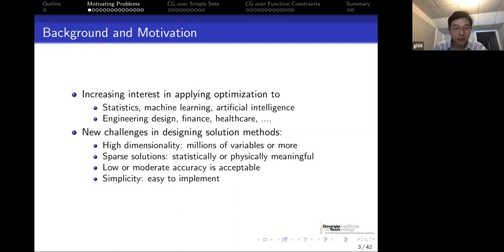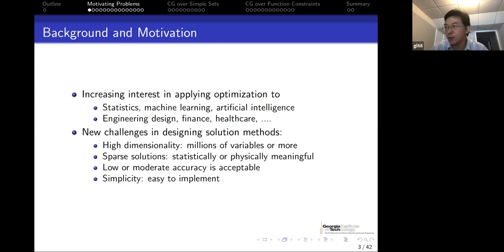As optimization becomes more and more accepted in applications, we have seen a lot of challenges that are probably new to us. One challenge is high dimensionality in statistics and machine learning. The optimization problems can easily have millions of variables or more. The second challenge comes from solution sparsity.